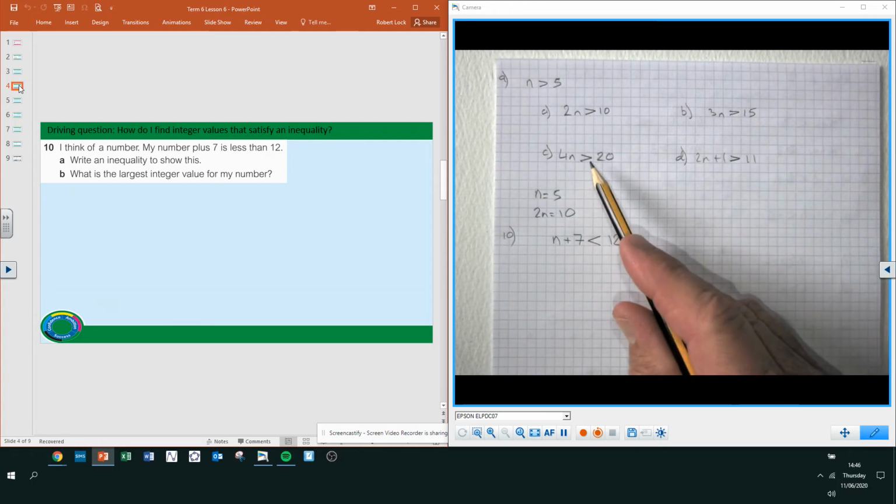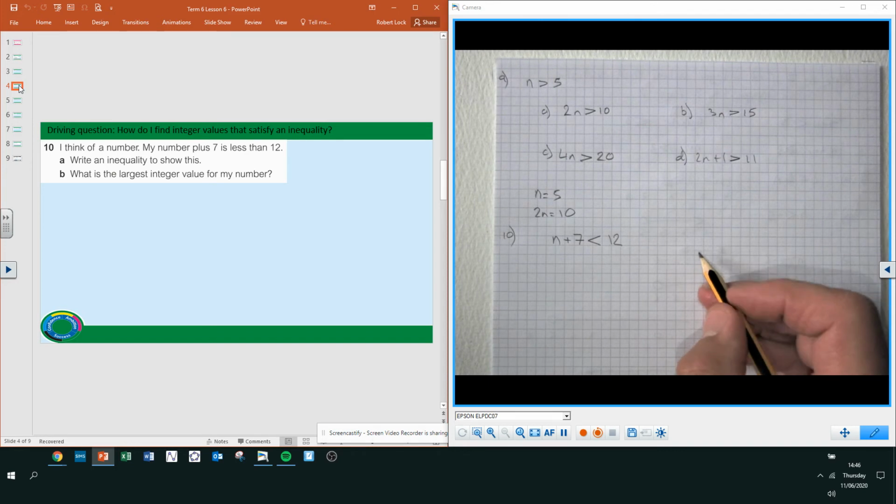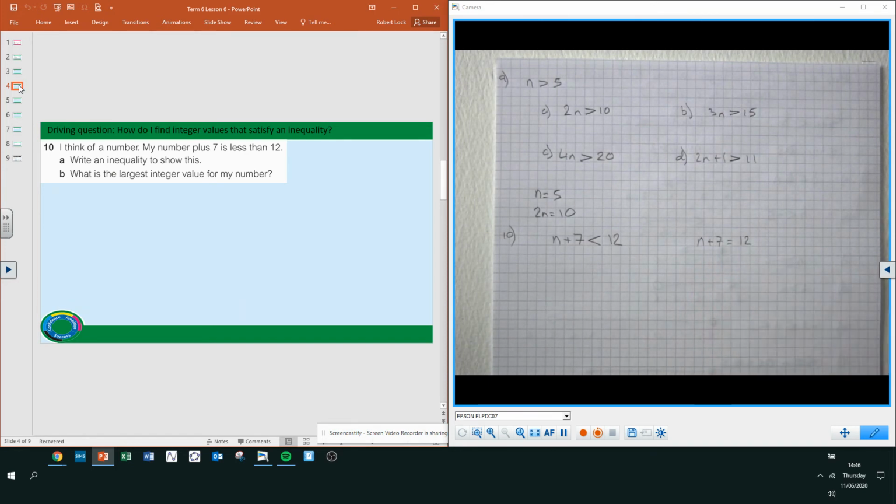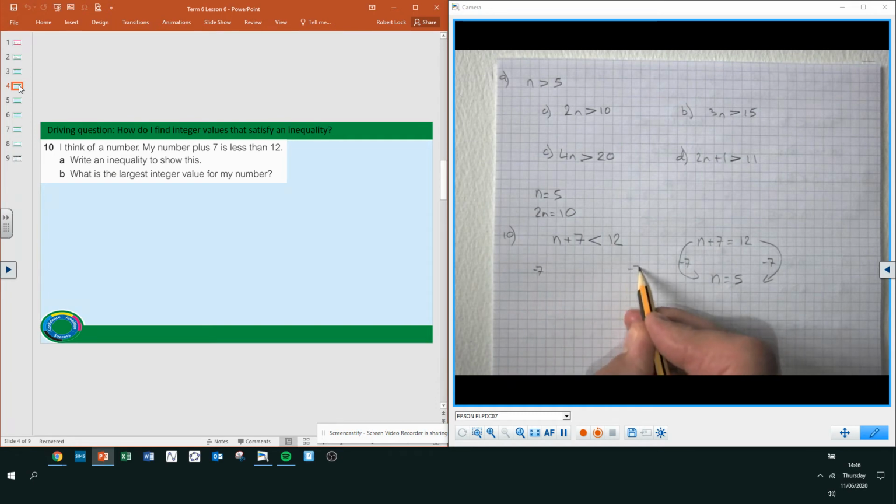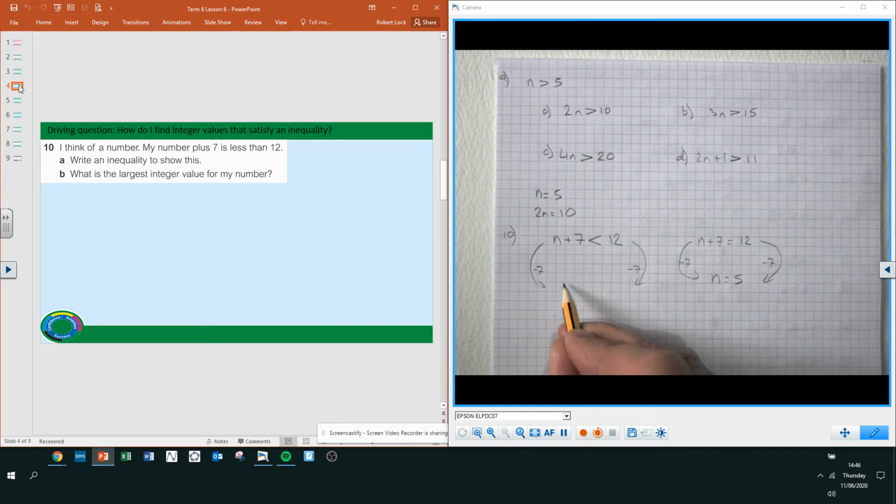Like I said before, if you treat the inequality sign as an equal sign, well, here we have an equation. To find out what n is on this one, we take away 7 on both sides. If we take away 7 on both sides, we have n equals 12 take away 7 is 5. Same over here. We take 7 away from both sides. n is smaller than 12 take away 7 is 5.